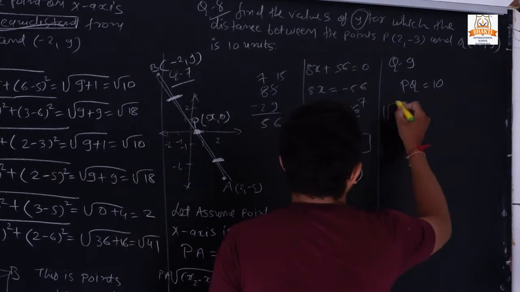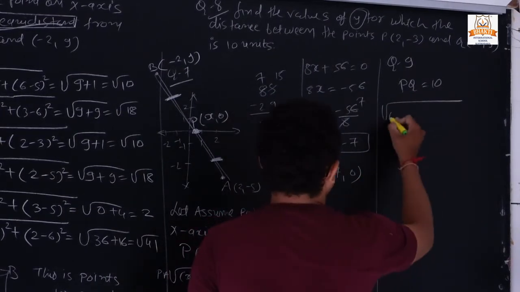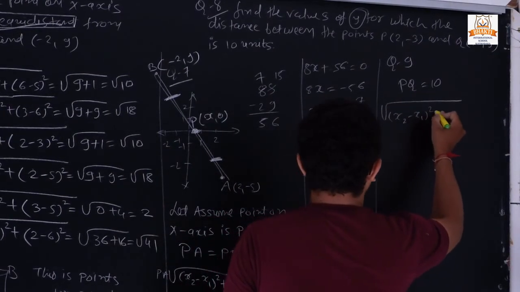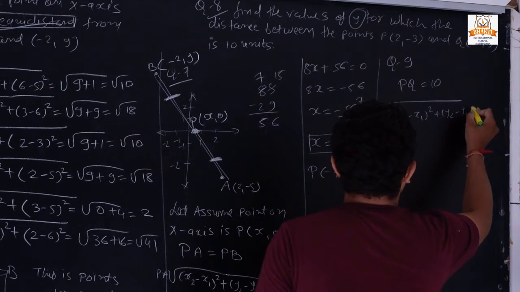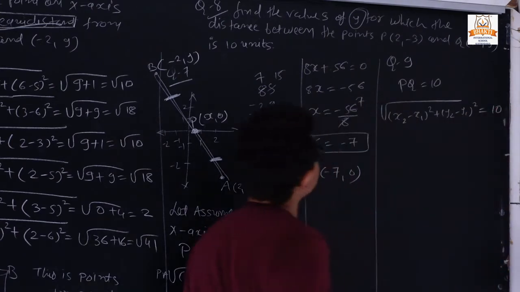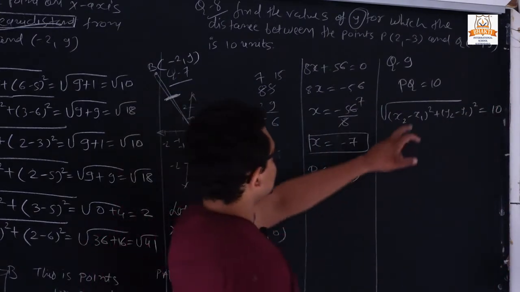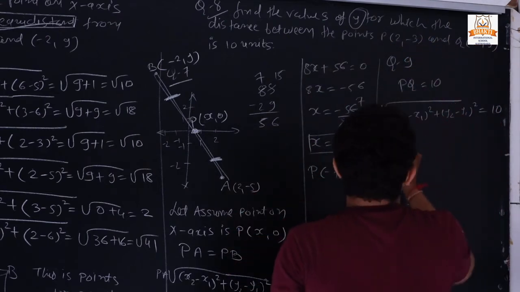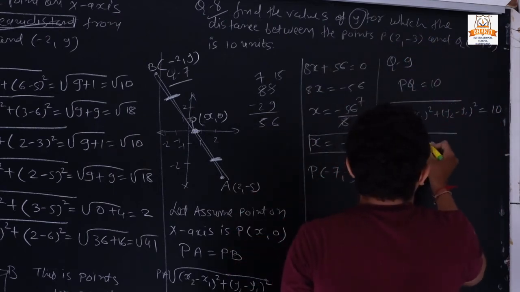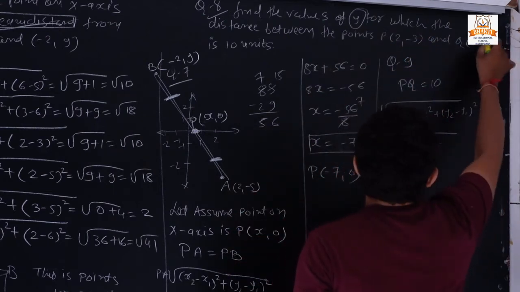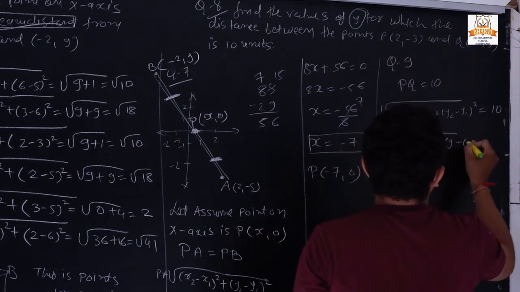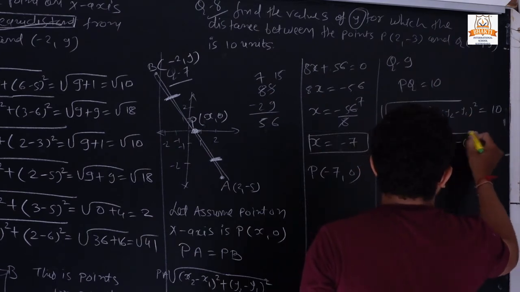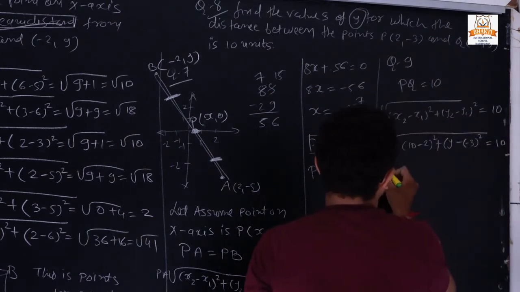So now if you want to find PQ, what is our formula? Square root of the differences squared is equal to 10. Now what is x2? Here it is given 10 minus 2 all square, then y minus minus 3 all square is equal to 10.